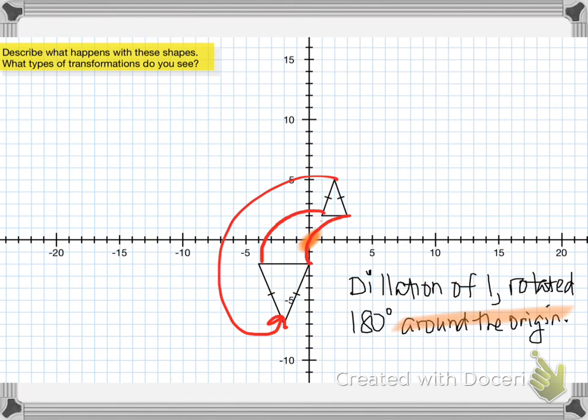So it got spun around a full 180 degrees, and it got increased in size with a scale of 1. To prove that, I look at my side measurements. The base of that triangle was 2, doubled equals 4. The original height was 3, and its new height was 6.